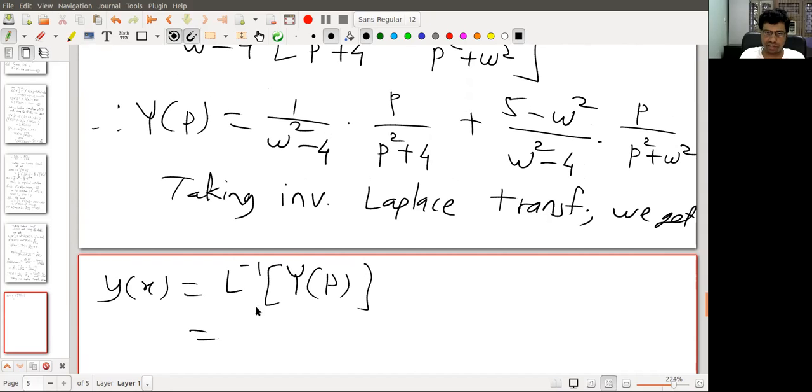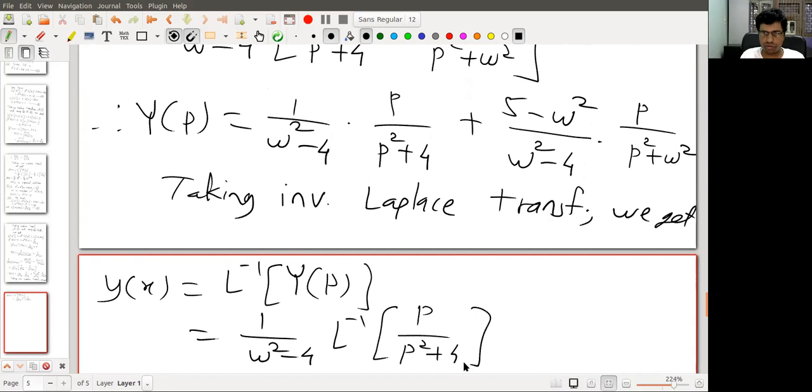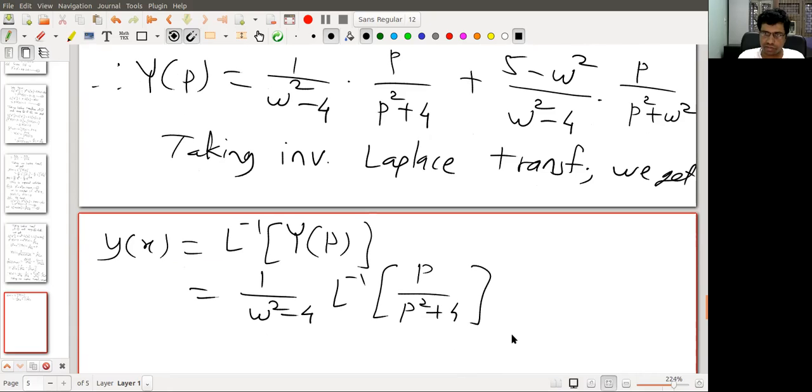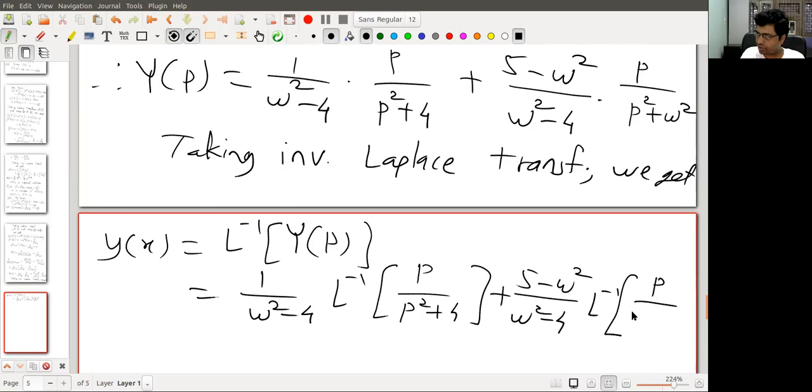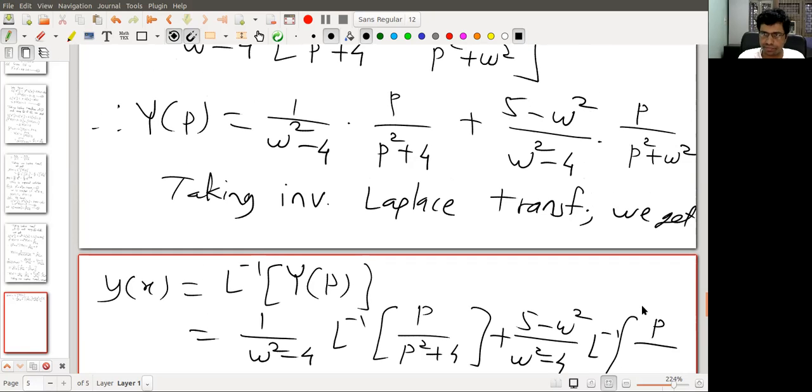By linearity, it is simply 1 upon omega square minus 4 into L inverse of p divided by p square plus 4, plus this constant 5 minus omega square upon omega square minus 4 into L inverse of p divided by p square plus omega square.